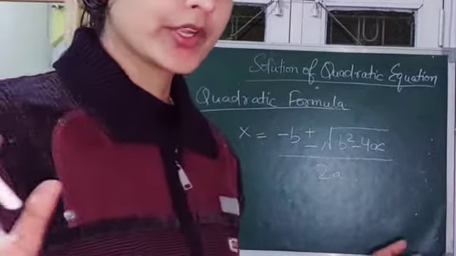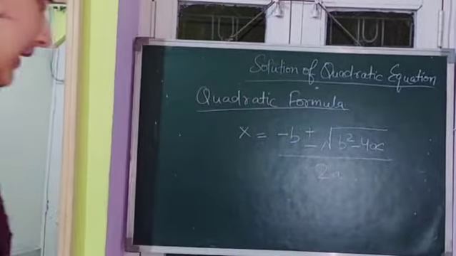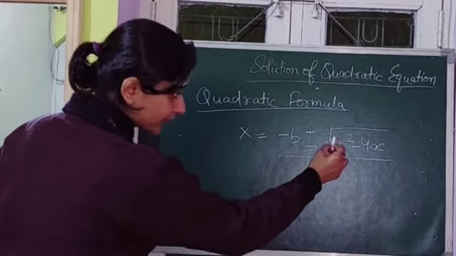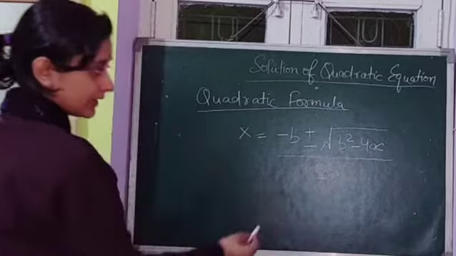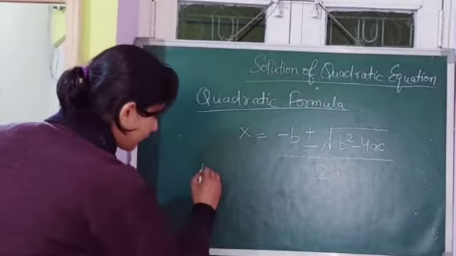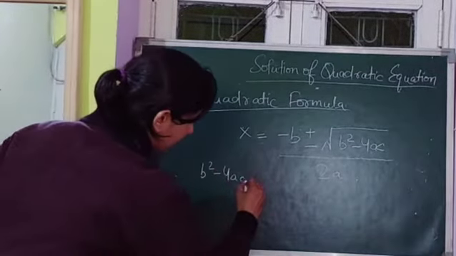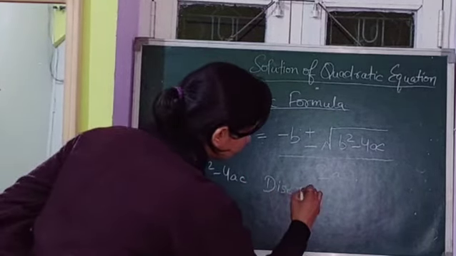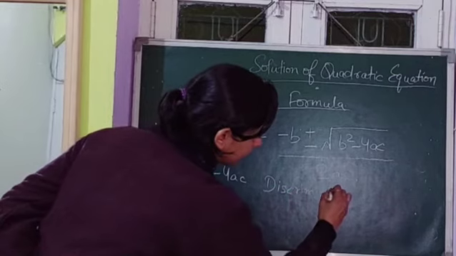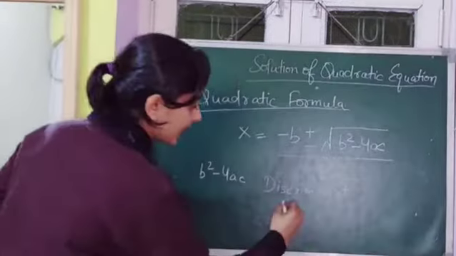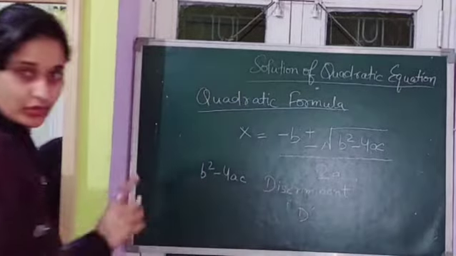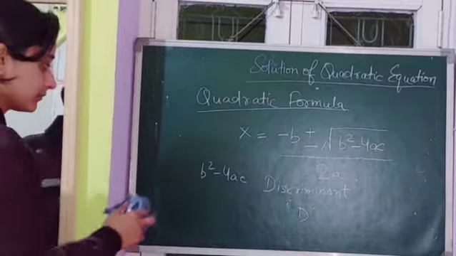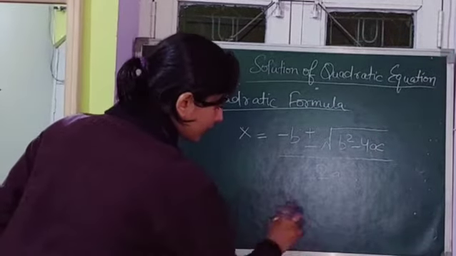We can solve any quadratic equation with it, and this is x equals to minus b plus minus under root b square minus 4ac upon 2a. b square minus 4ac is known as discriminant, and this is denoted by d. Now we will solve our equation with this formula.